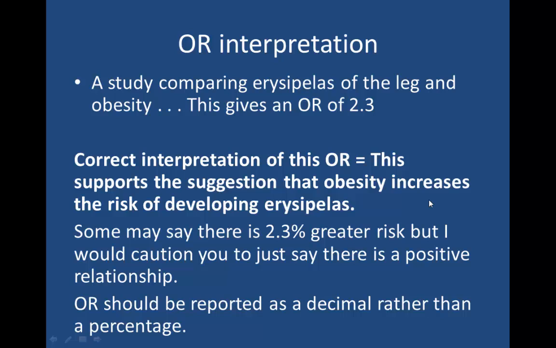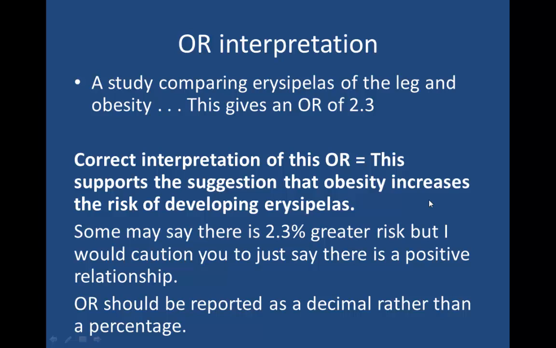There was a study that compared erysipelas, which is an infection of the leg, and obesity. The result reported for this study was an odds ratio of 2.3. Would you correctly interpret this? The correct interpretation of this odds ratio is that it supports the suggestion that obesity increases the risk of developing erysipelas.